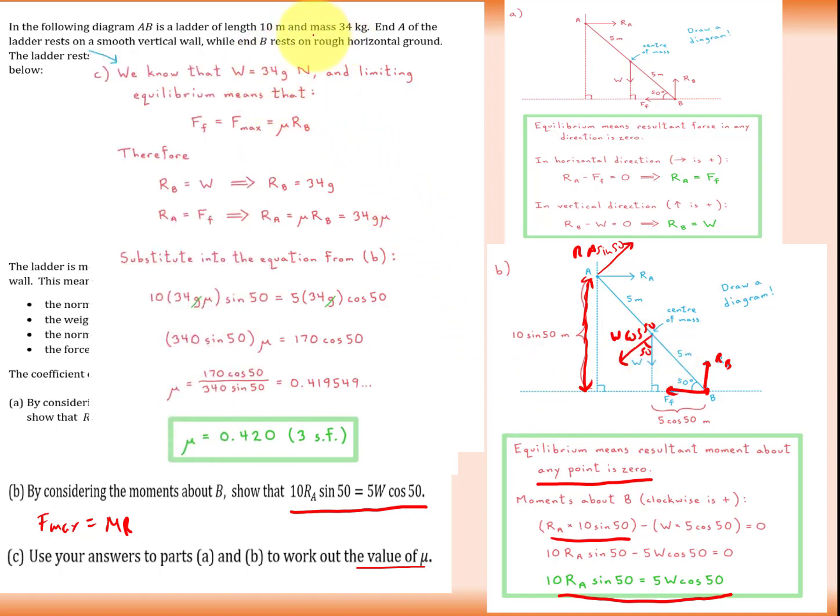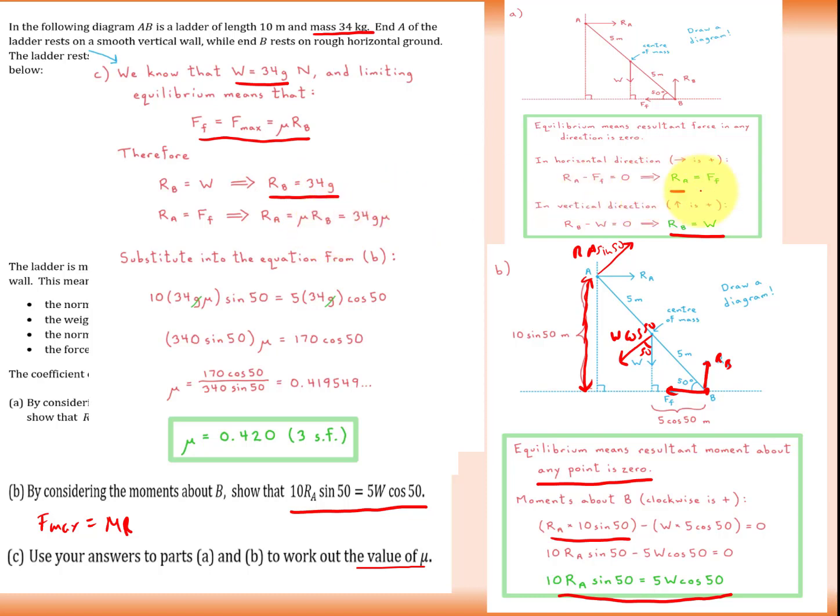Now, from the start of the question, lots of information. We know that W equals 34G, because that's the mass here, and we just called it a W to break up the skills. I've discussed this fact before. Now, we showed that RB equals W at the start, so RB must equal 34G.